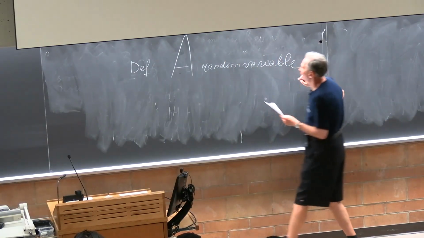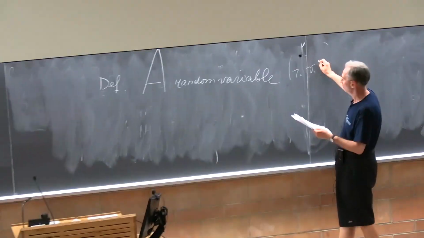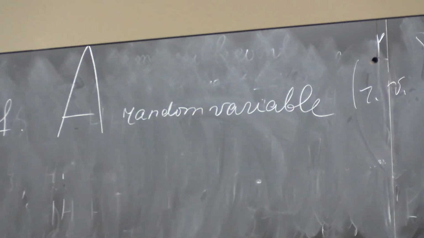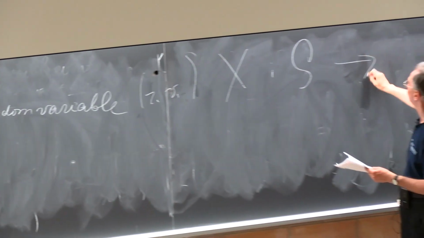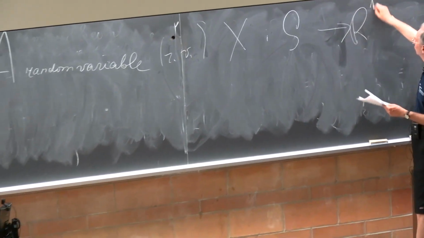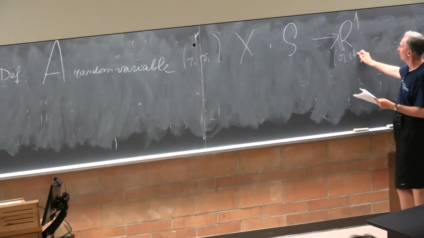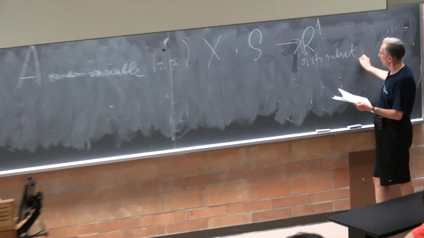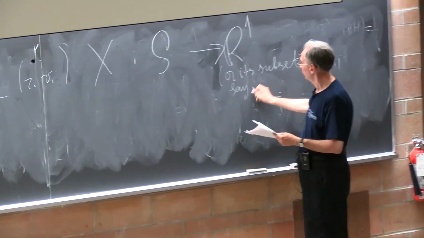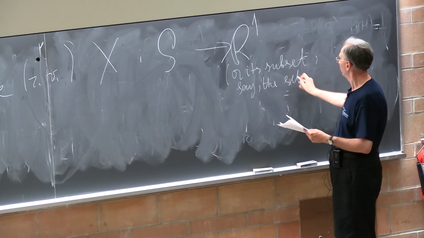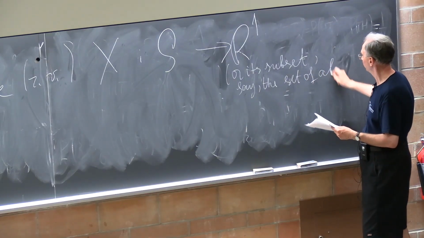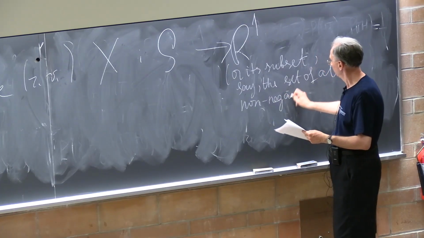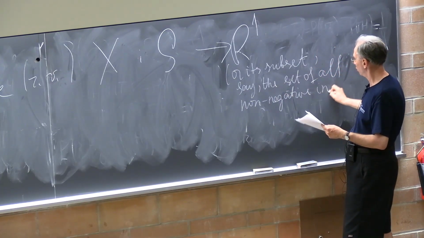So a random variable, or RV, capital X, is a function from S to R1, or its subset, say the set of all non-negative integers.